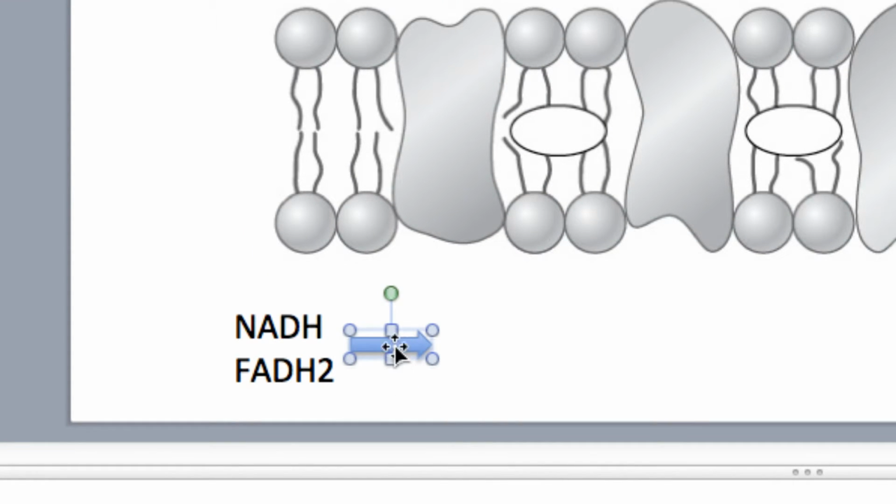They get turned into two things. So I'm going to use two arrows here. I'm just going to kind of split them off. Yeah, let's do that. That looks fine.